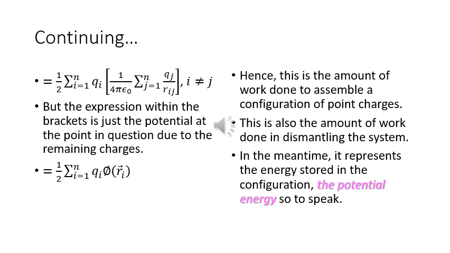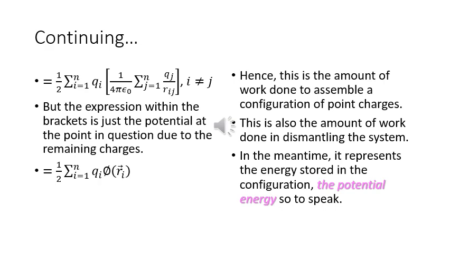So the resultant expression comes out to be half summation i going from 1 to n qi within brackets 1 upon 4 pi epsilon naught summation j going from 1 to n qj upon rij, i not equal to j. But the expression within the brackets is just the potential at the point in question due to the remaining charges.